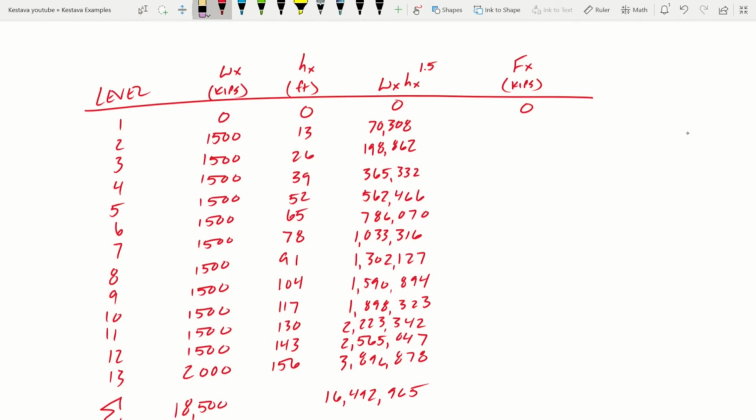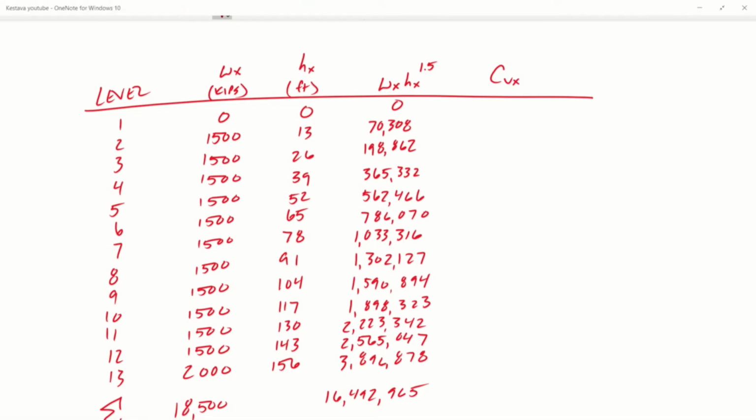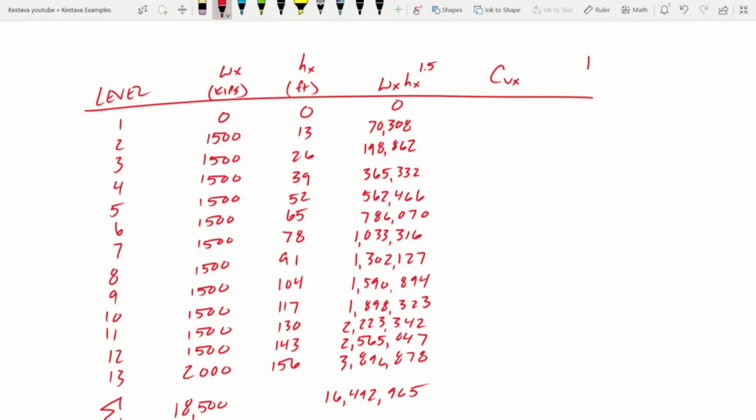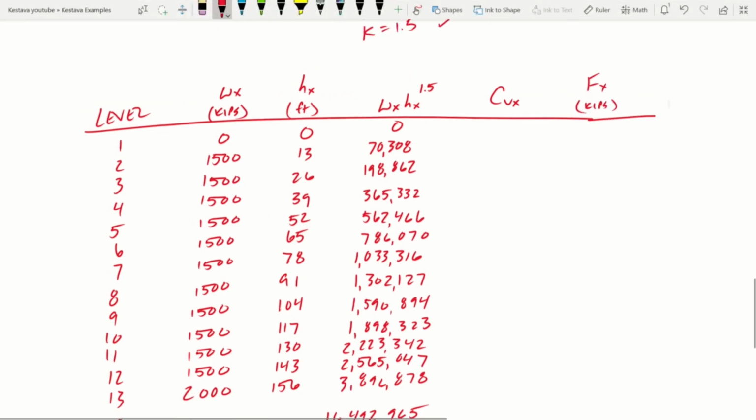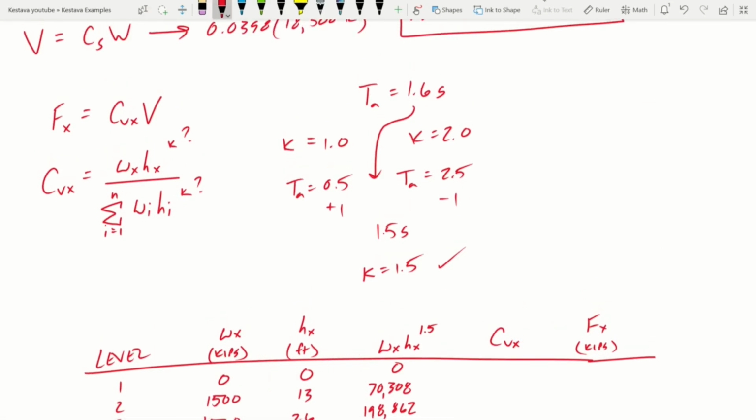So now, I'm going to mix it up. Sorry about this, everybody. We're going to do one more. So we're going to do Cvx, and that's just a number, so there are no units involved with that. And then we're going to do Fx in kips. And Cvx, we know if we go above now, is this here.